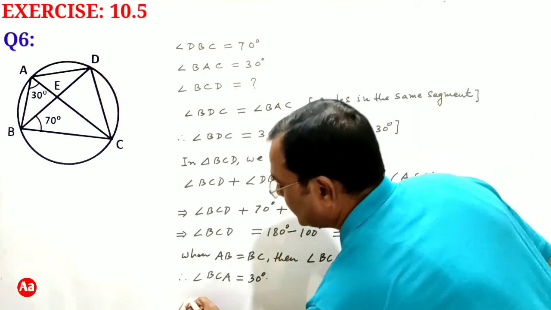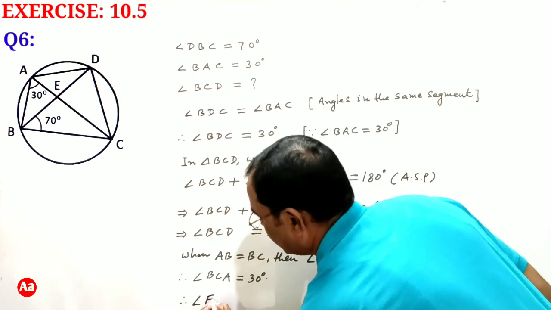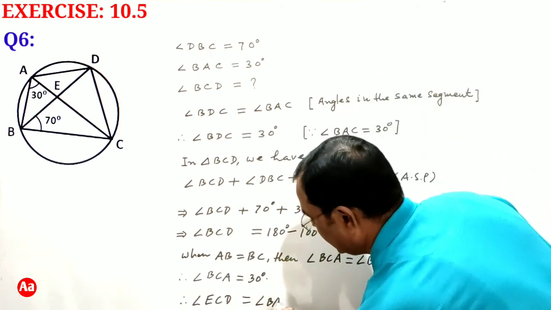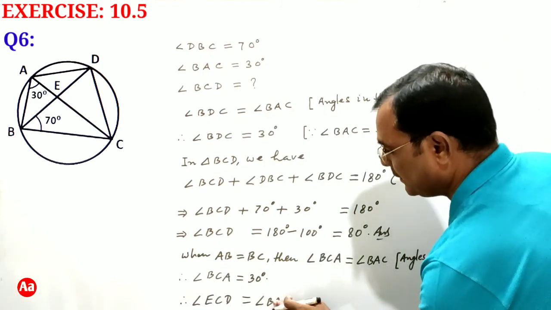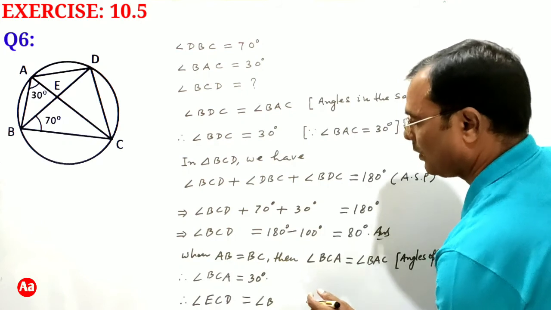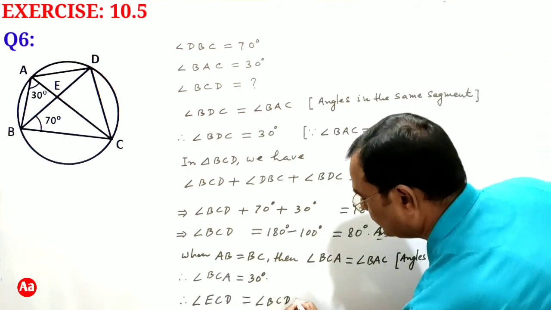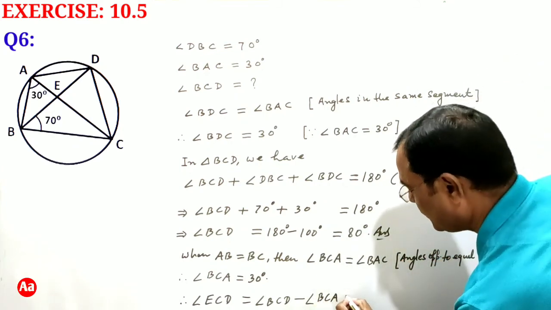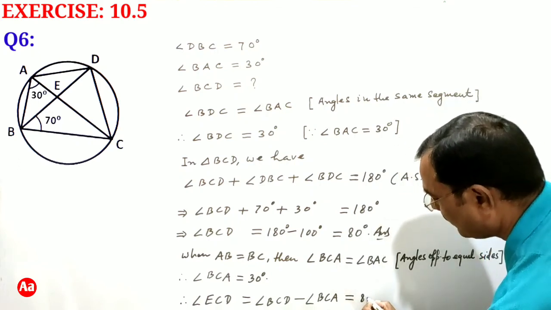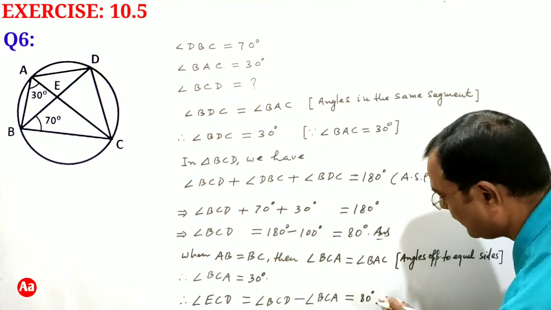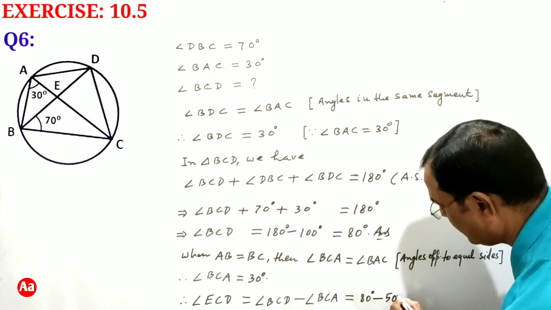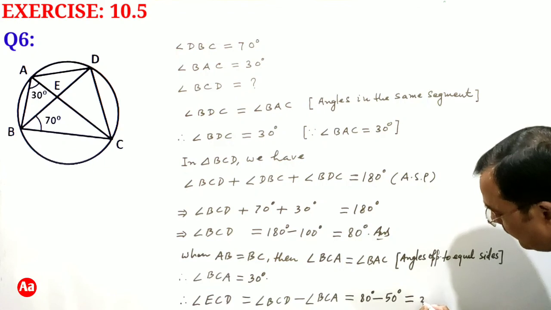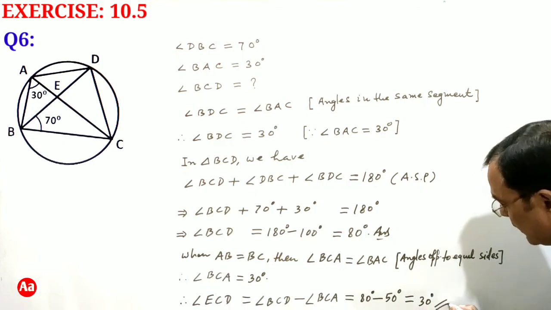So therefore we can write angle ECD is equal to angle BCD minus angle BCA, and this is equal to 80 degrees minus 30 degrees, which is equal to 50 degrees. So this is the answer.